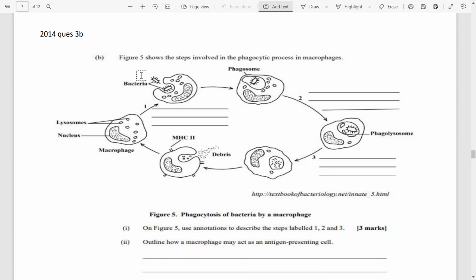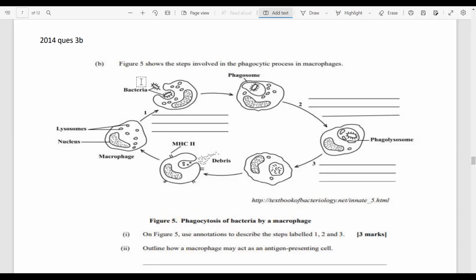All right. So the first step would just be to engulf the bacteria.